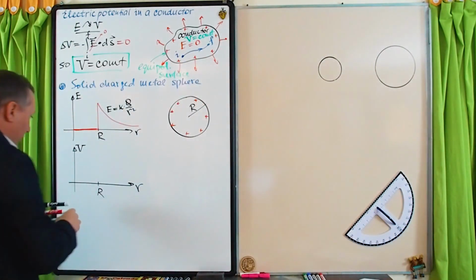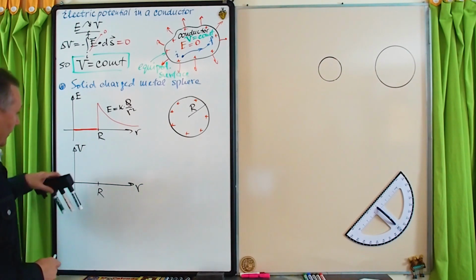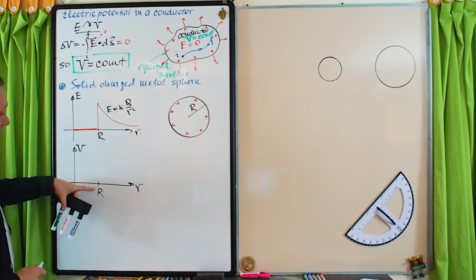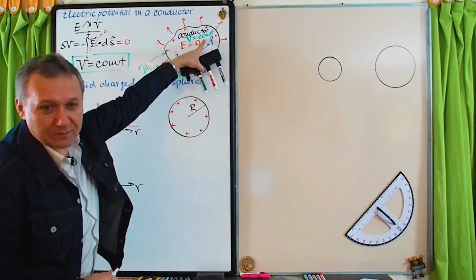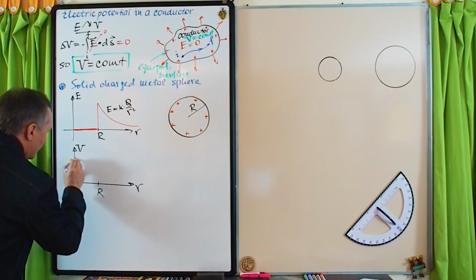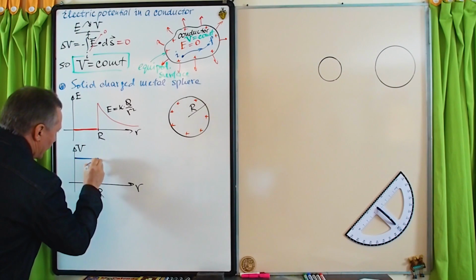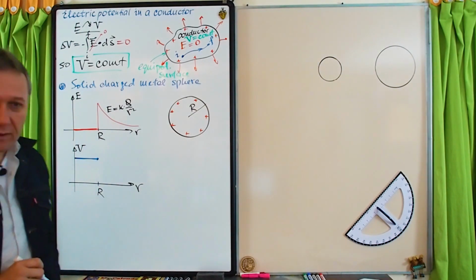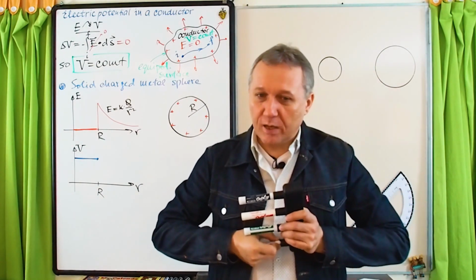Now I want to plot also the electric potential. What can we say about the electric potential inside of the conductor? It's constant. We just discussed it. So I can plot some constant up to the surface of the conductor. And then now it's something new, which we have never written, but you should be able to guess.